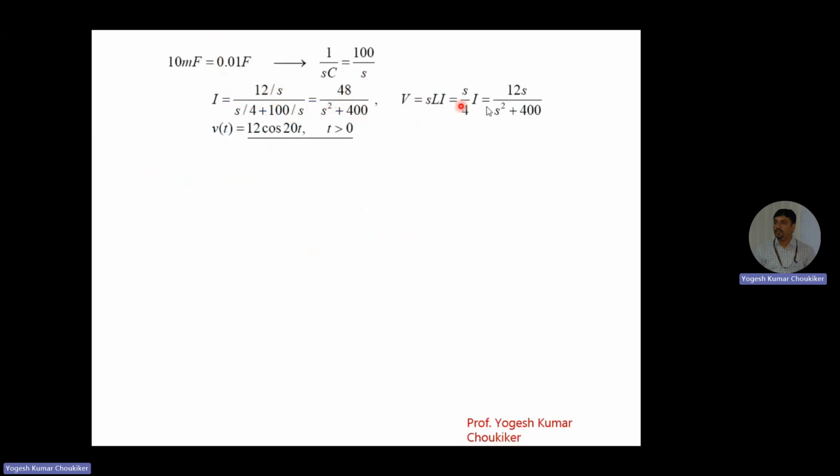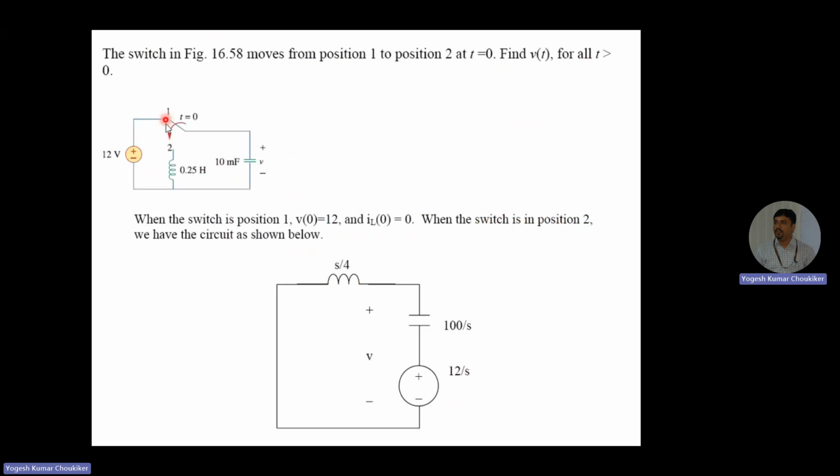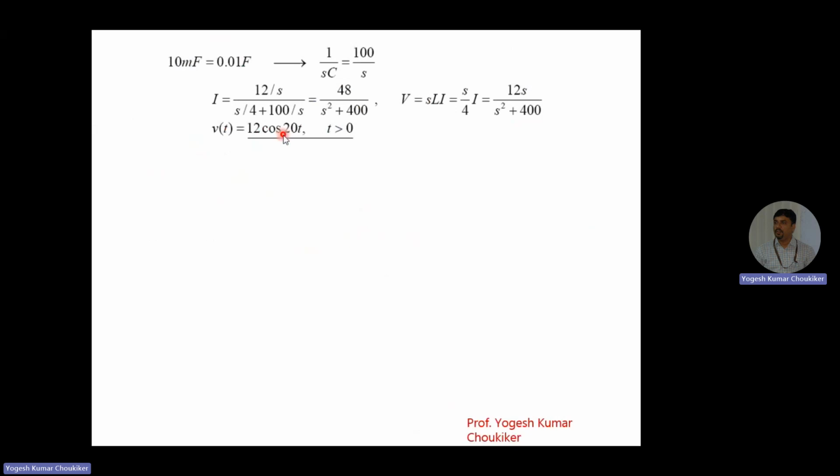Then V is 12s divided by s square plus 400. This one we can arrange into the form of a known property. So the answer is 12 cos 20t. You can see it is a very simple circuit. With the initial condition we got a new circuit and we got a solution.